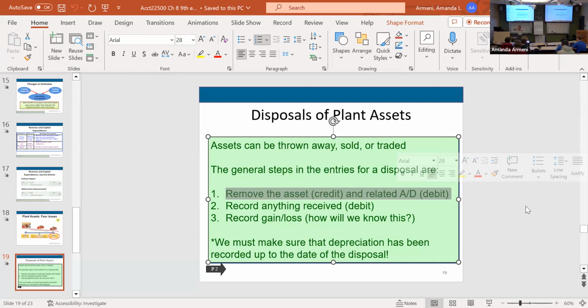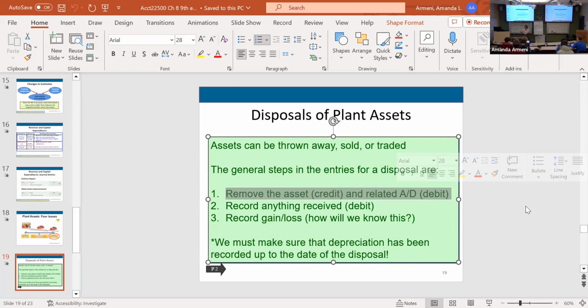It gets reported right next to the asset when we look at it on our balance sheet. So if the asset that it is linked to is going away from our accounting records, it needs to go away too. Accumulated depreciation has to be taken off of your accounting records as well. So the first entry we're going to make in our journal when we dispose of an asset is, let's take the asset off of our accounting records and let's take the accumulated depreciation off of our accounting records. That's number one.